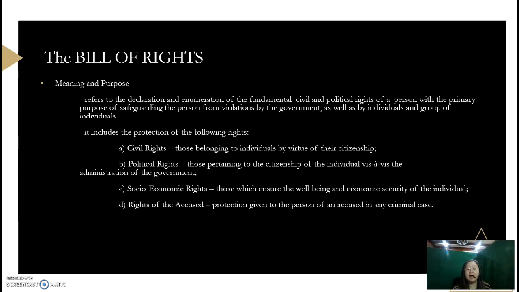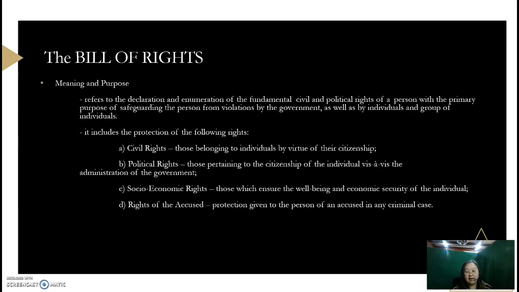And it has four major components. The protection of the following rights. Protection of civil rights, number one. Number two, political rights. Number three, socioeconomic rights. And number four, the rights of the accused.